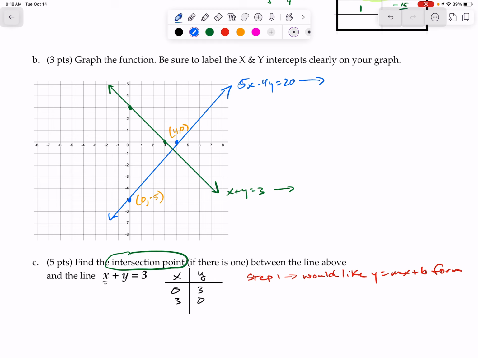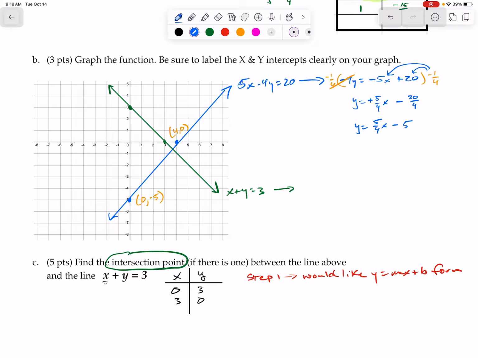If I add or subtract 5x from both sides, I get minus 4y equals minus 5x plus 20. And then multiply both sides by -1/4. That goes away, and I am left with y equals, do this to both of those, positive 5/4 x minus 20/4, which is y equals 5/4 x minus 5.